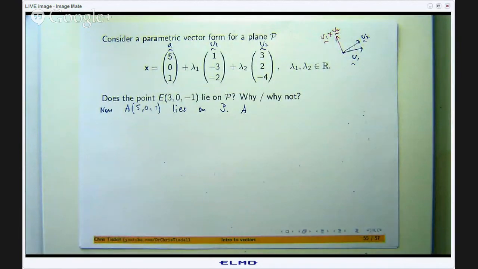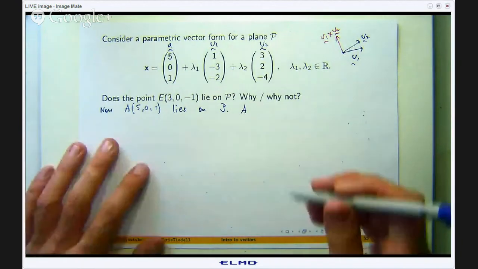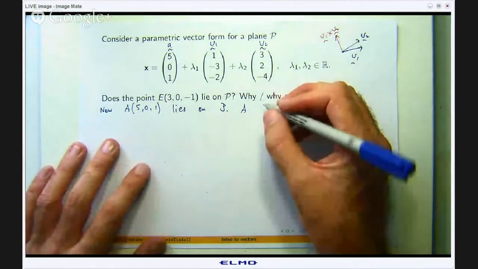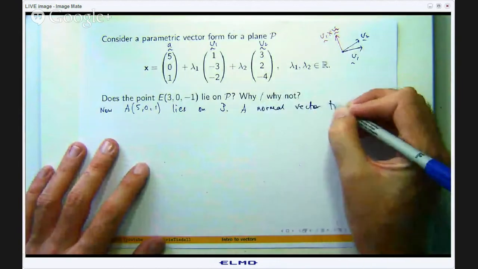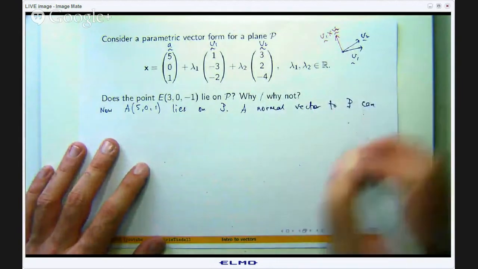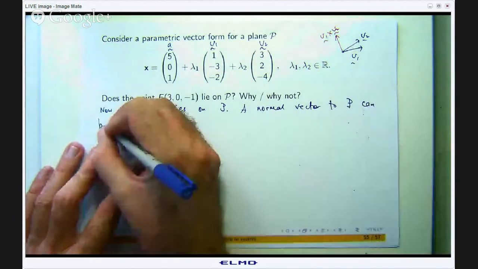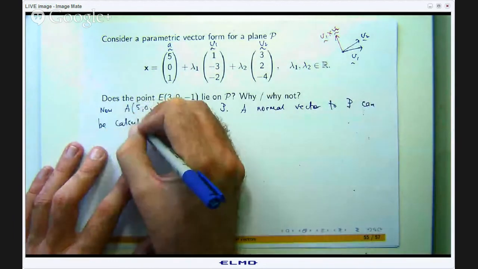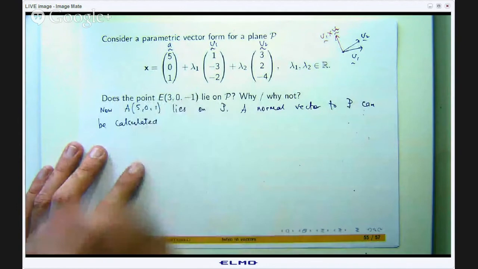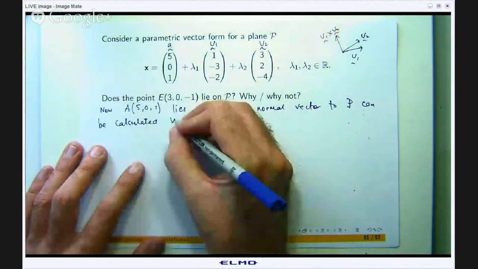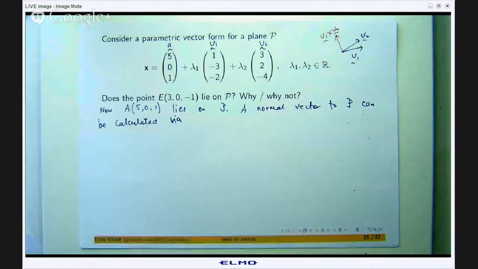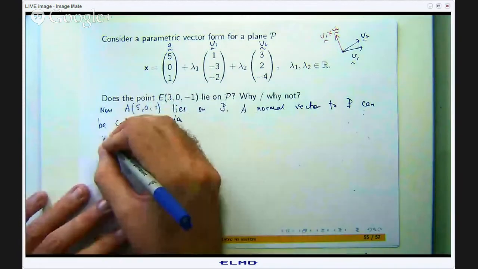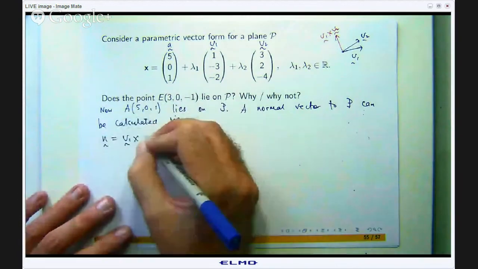Okay, so a normal vector to P can be calculated via the cross product. So in this setting, the normal vector is going to be the cross product of v1 and v2.